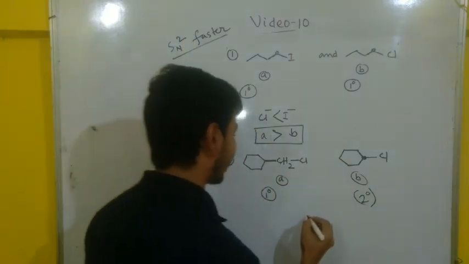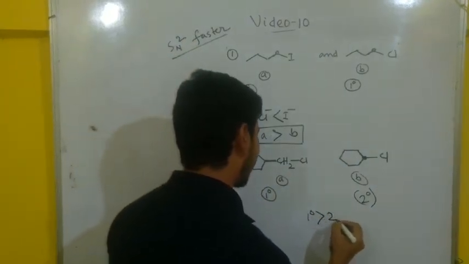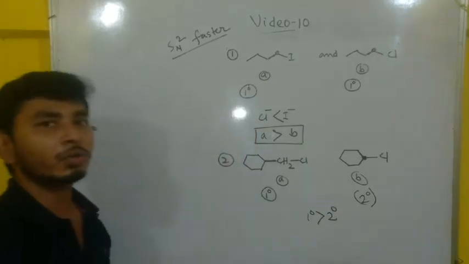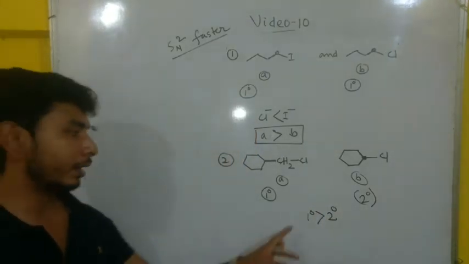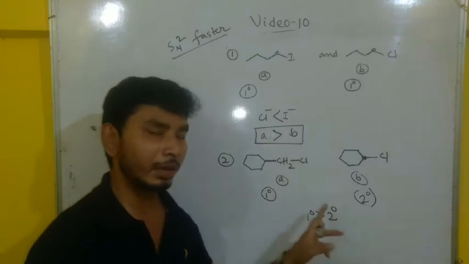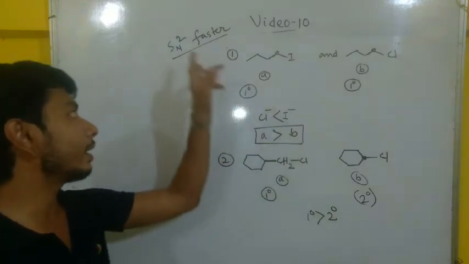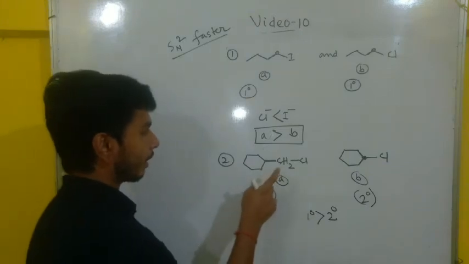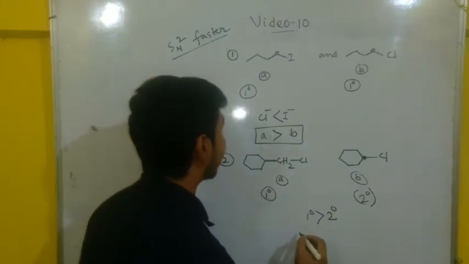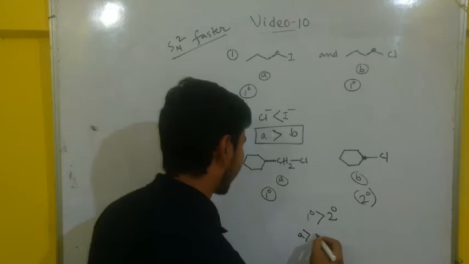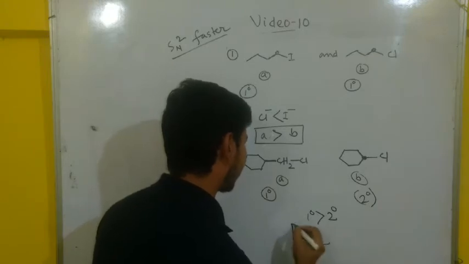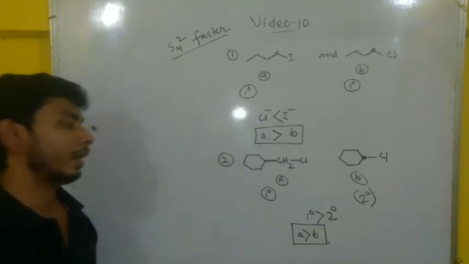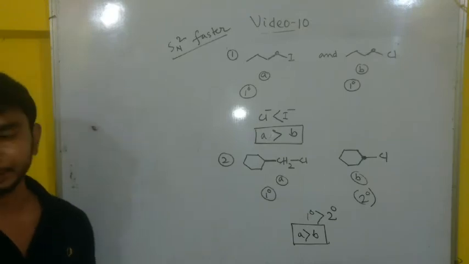In SN2, 1 degree alkyl halide is more reactive than 2 degree alkyl halide. The 1 degree alkyl halide is present in A, so A will react faster than B.